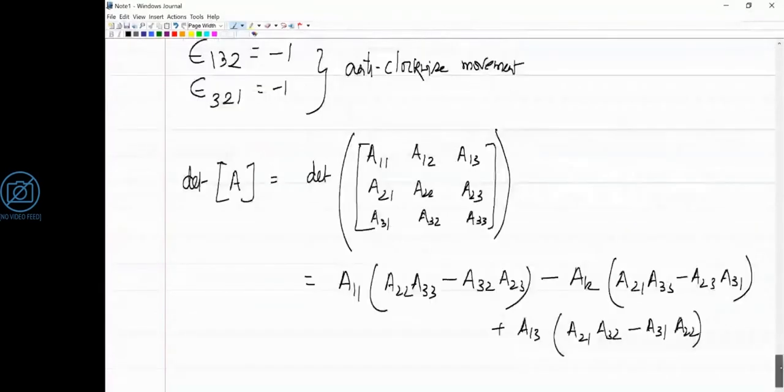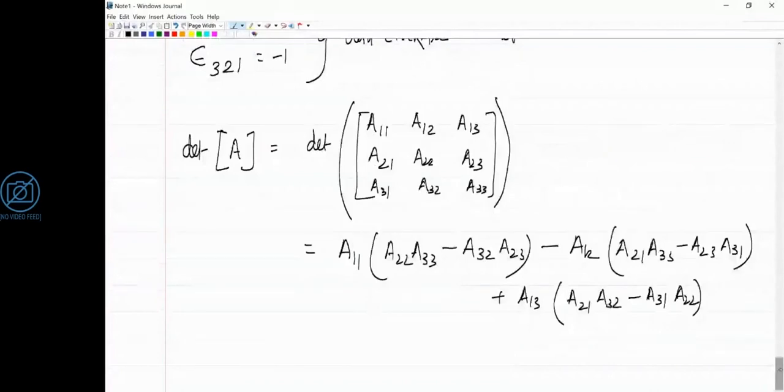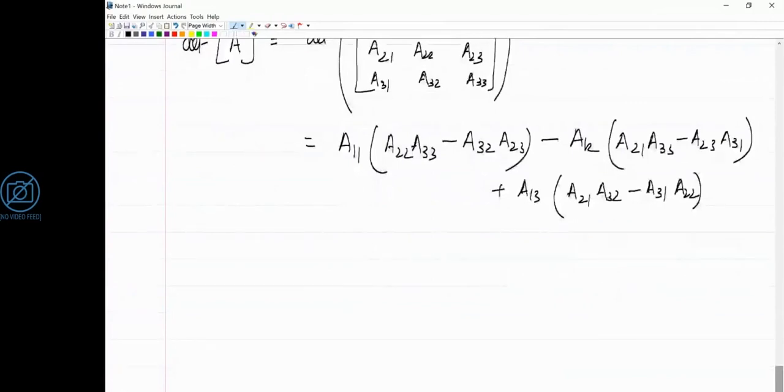So I guess you guys know. I have expanded it through the first row of A. Now this entire thing is a big expression. Can we make it compact by using summation convention? Yes, you can do it, but then you have to use that permutation symbol.